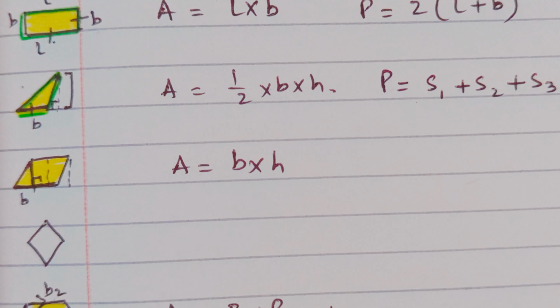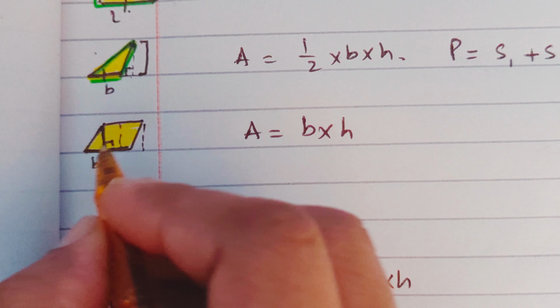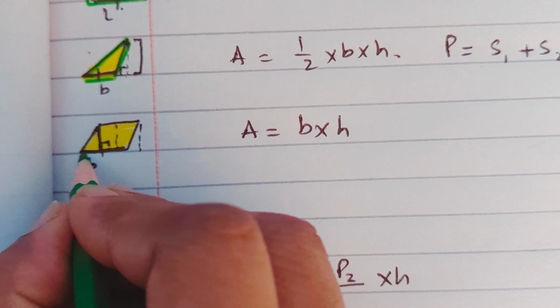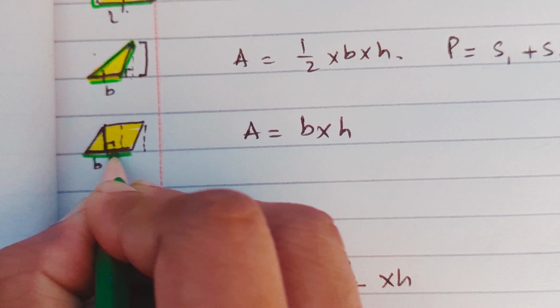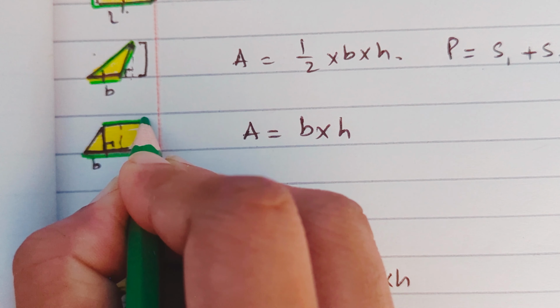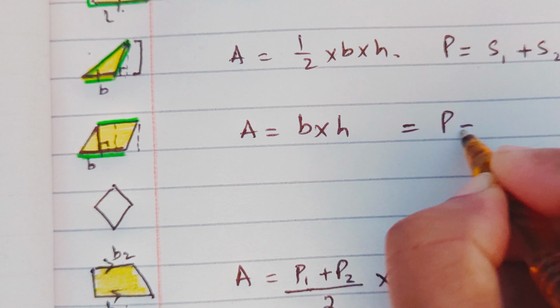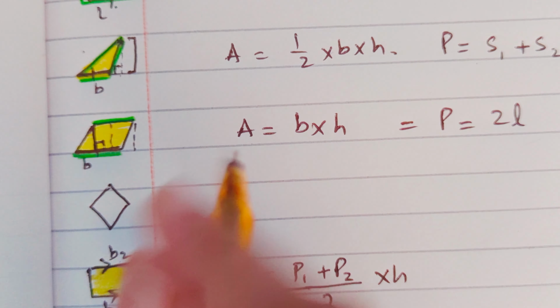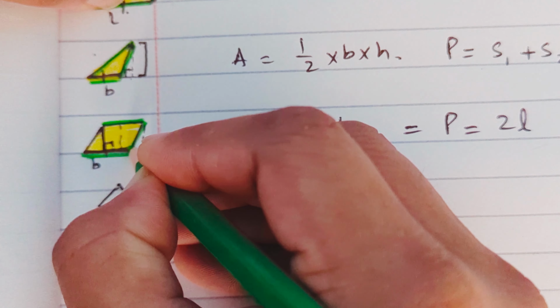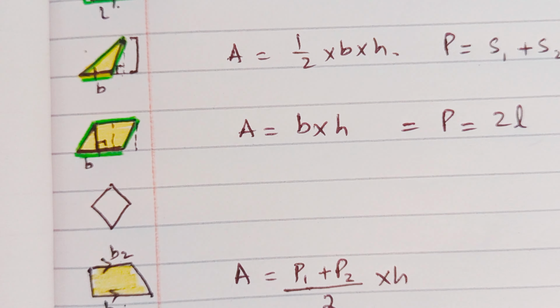figure is the perimeter. For a parallelogram, we have two pairs of parallel sides, two pairs of equal sides, one length, another length. So it will be 2L plus 2 breadths, right?